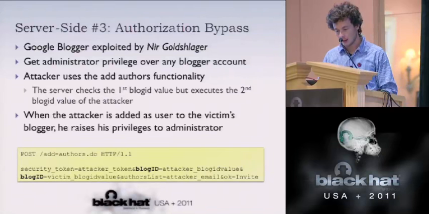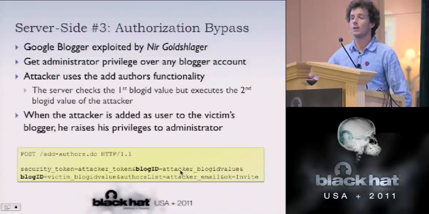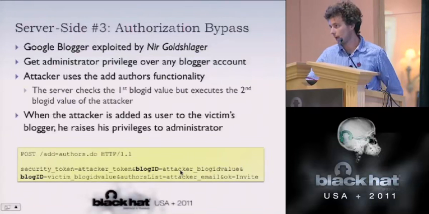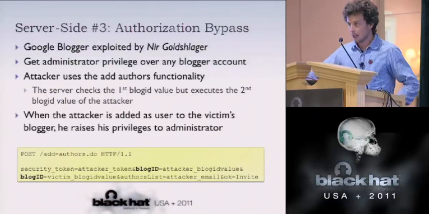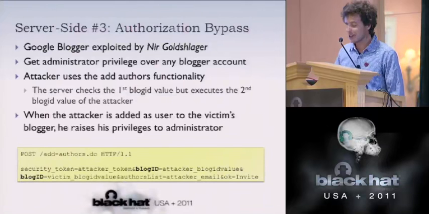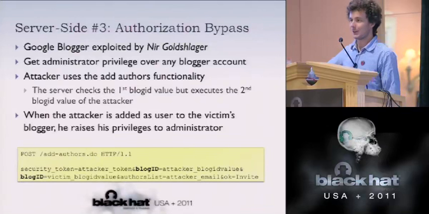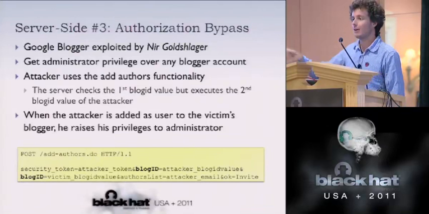So Google was just checking the first value of blog ID. It was saying, yes, you actually own this blog, so you can add other people to the blog. But actually it was executing the action on the second blog ID. So it was adding this person as author to the blog of a victim.